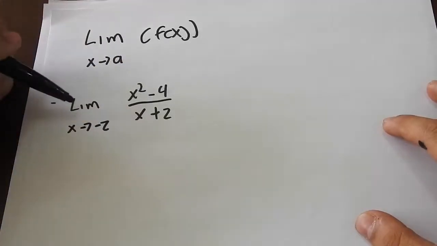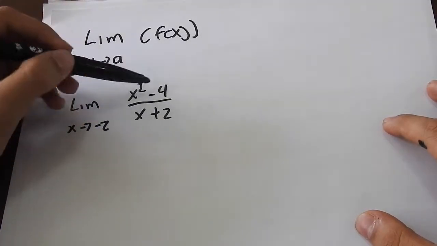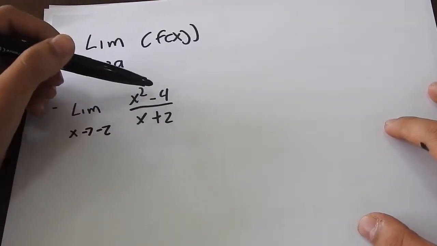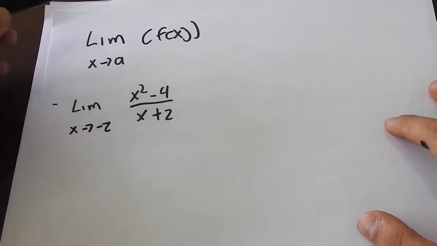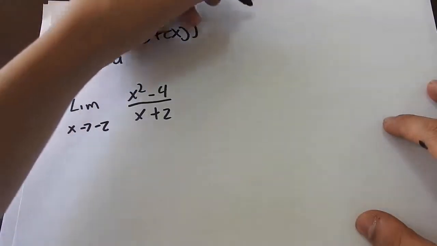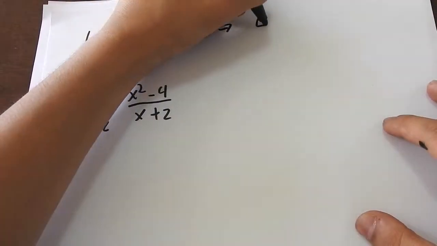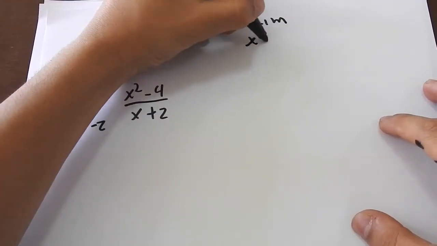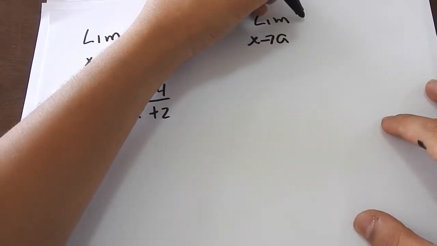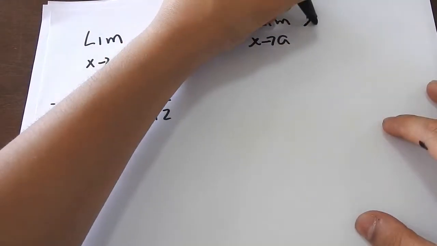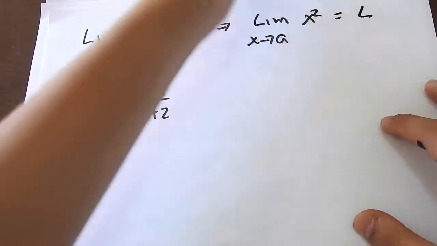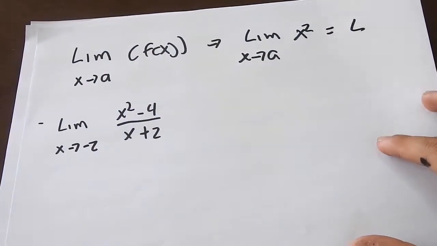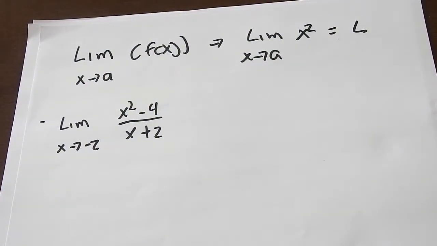So as I get closer and closer to -2, I'm getting somewhere closer and closer in the function. So this notation can also be the limit as x approaches a of a function, let's say x squared, equals L. L stands for a number. L can be any number. L is the resultant. L is the limit.